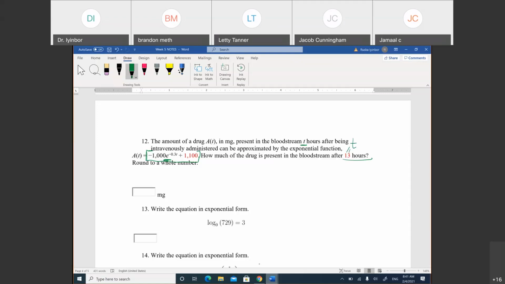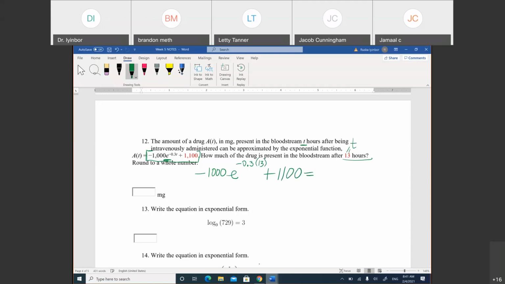So I'm going to follow this function, and I'm going to plug into my calculator: negative 1000 e with exponent negative 0.3 times t, which is 13, plus 1100. That's what you put down.